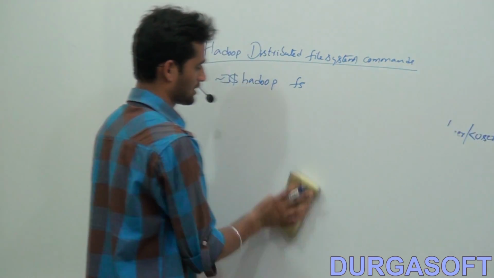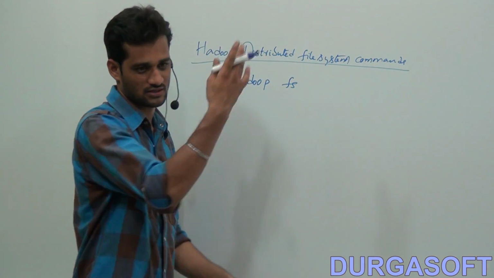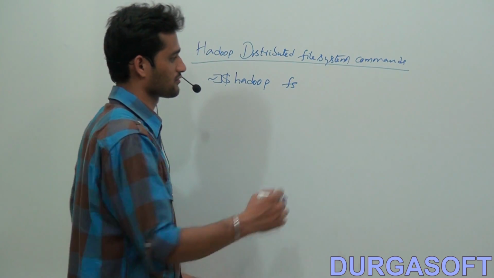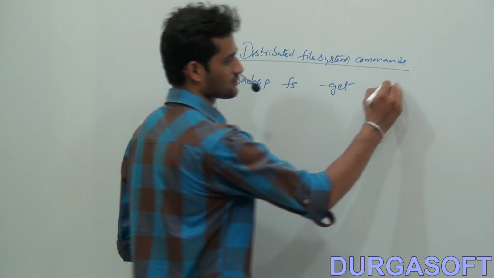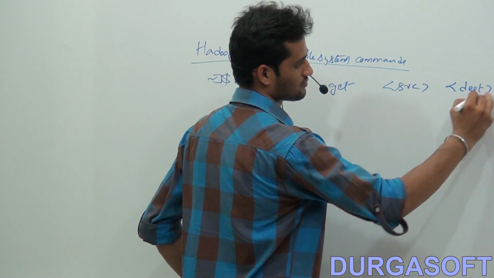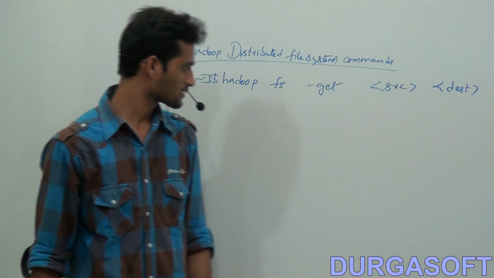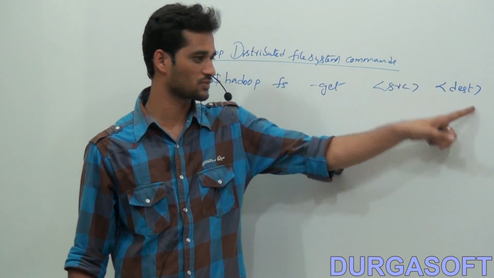Sir, we are keeping our file into HDFS by using -put. But if I want to get that same file from HDFS back to our local machine, what do I have to do? Very, very easy. You can use hadoop fs -get source destination.